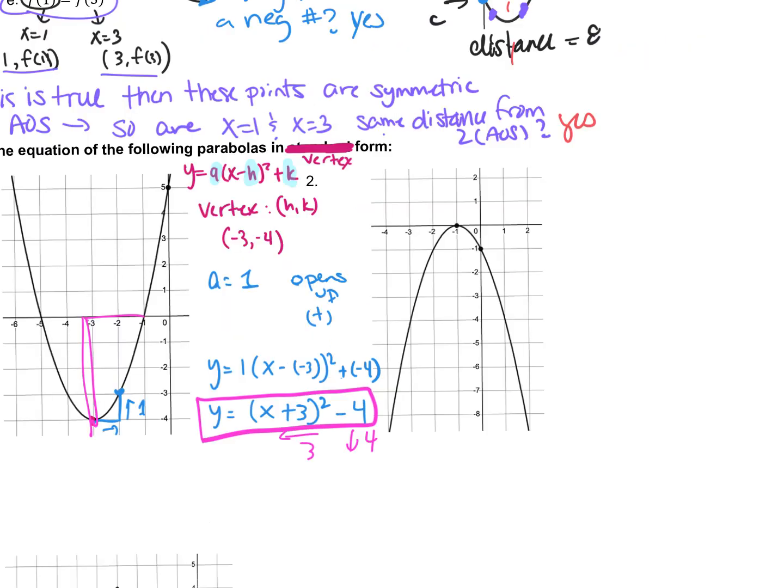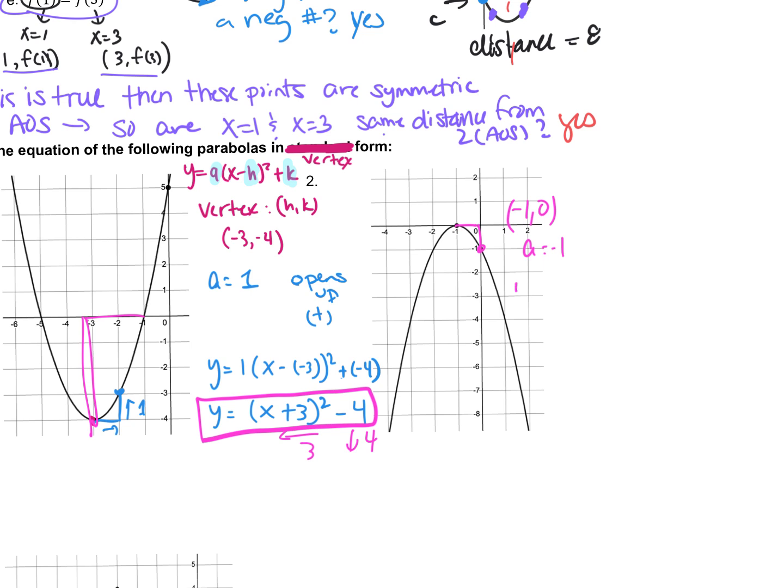All right, graph number 2. So here's our vertex. We see that our vertex is there, which is negative 1, 0. We see that a is a negative 1 because when we go out 1 and we go down to this point here, that makes it a negative 1.